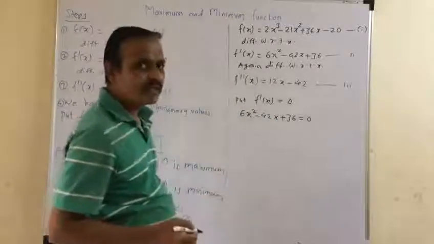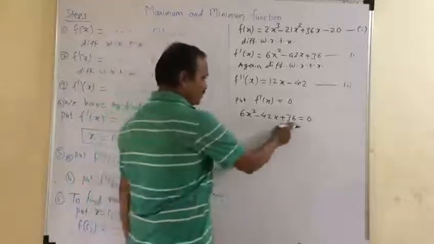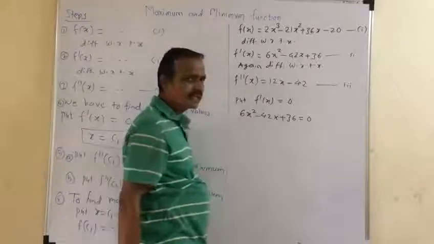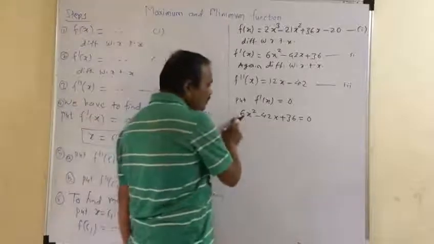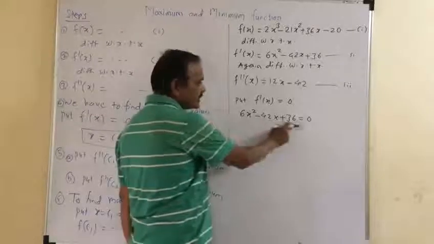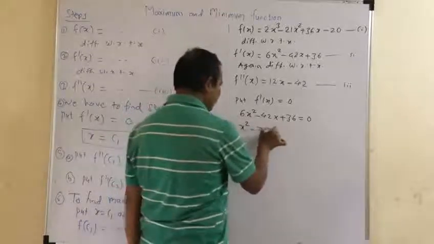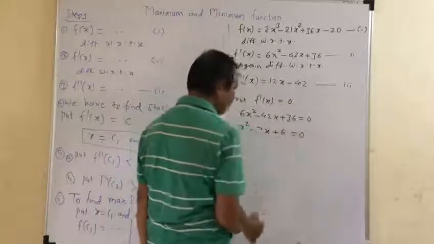Now to find the roots or stationary values of this quadratic equation, first we divide this equation by 6, we get x square minus 7x plus 6 is equal to 0.